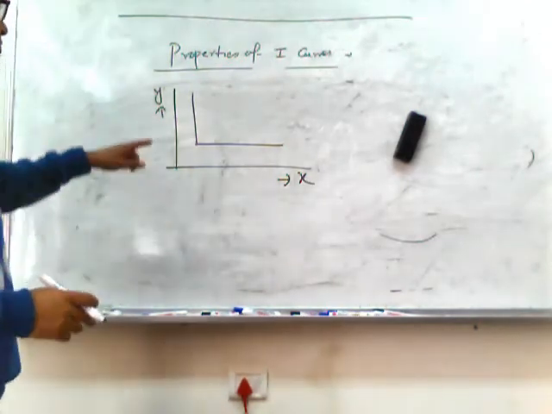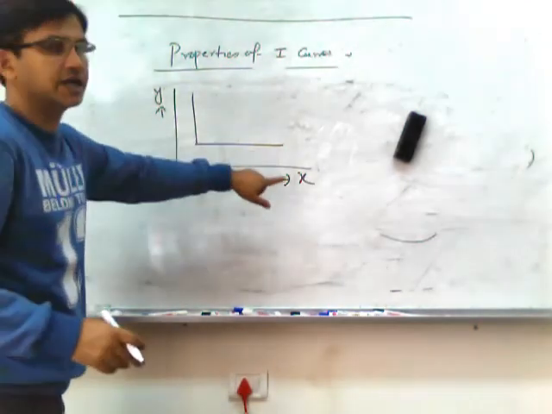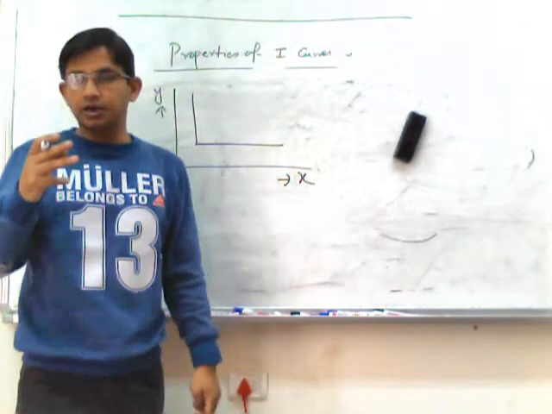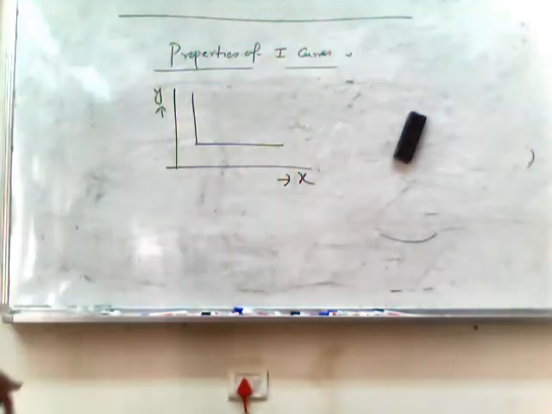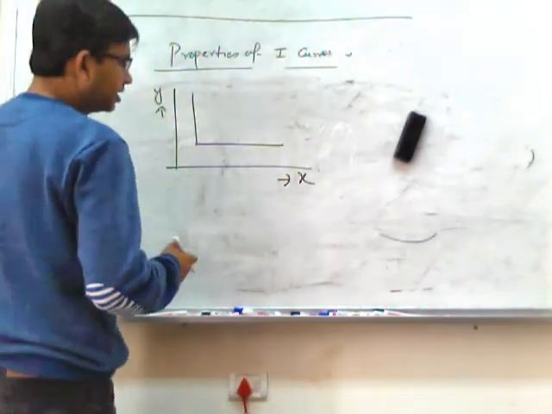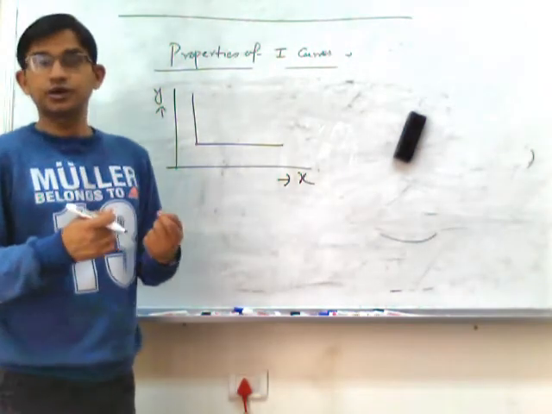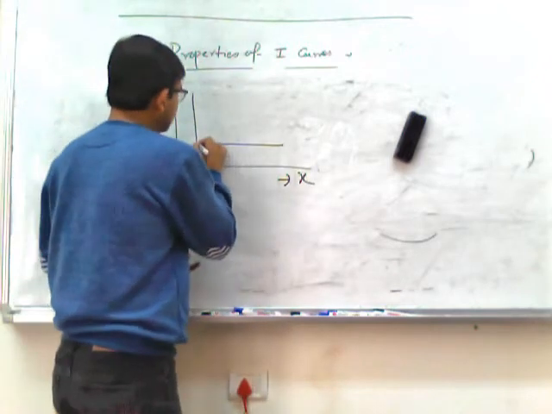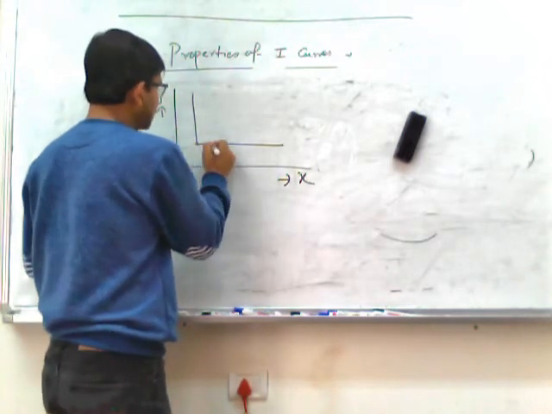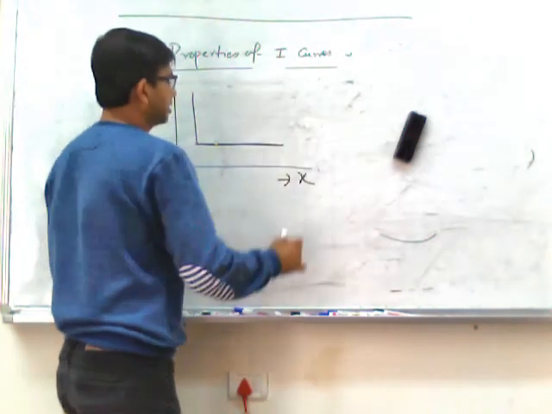So Y stands for sugar and X stands for tea. So in each cup of tea, he takes 2 teaspoonfuls of sugar. So even if his sugar increases, he takes 3 spoons of sugar, that will not increase his utility. So here, keeping Y unchanged, if we increase X, utility will not increase.